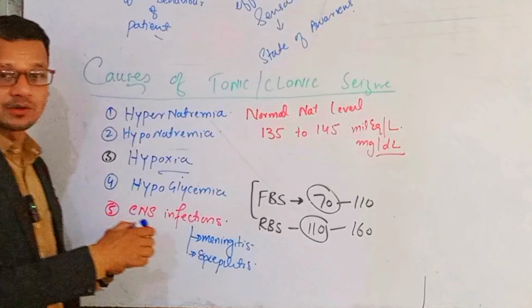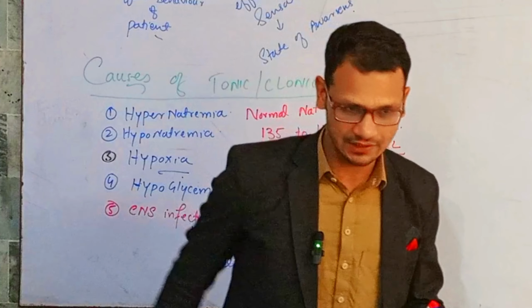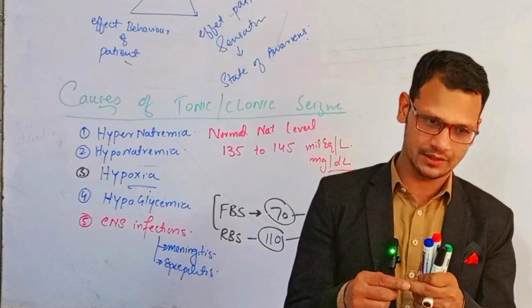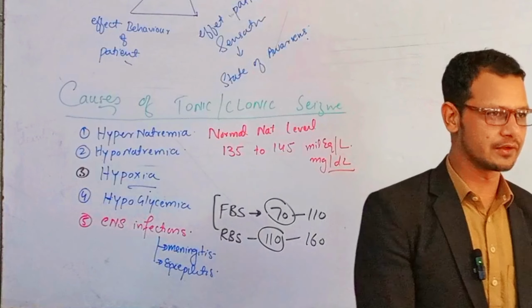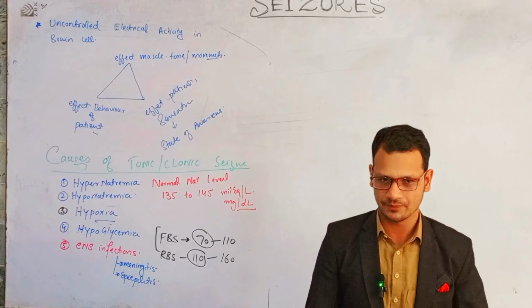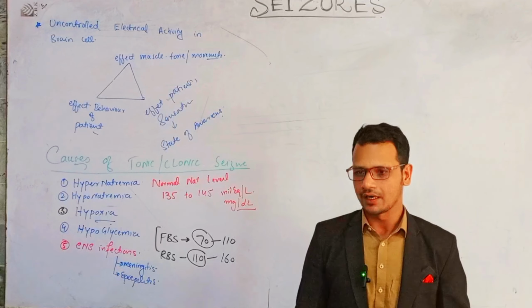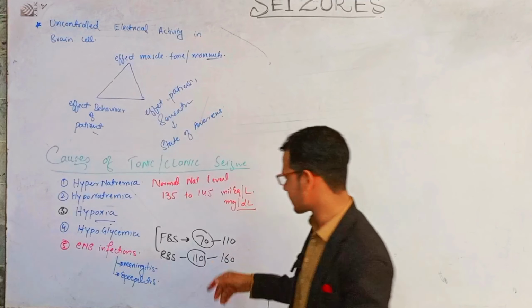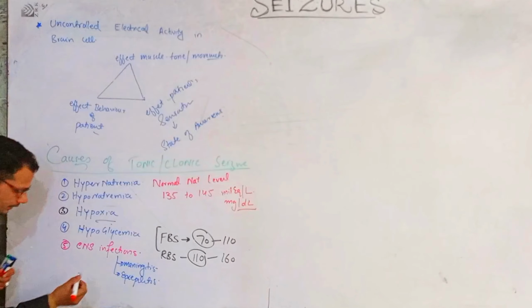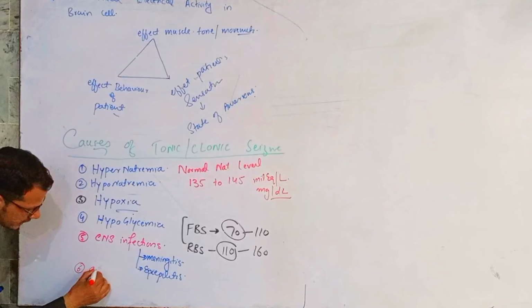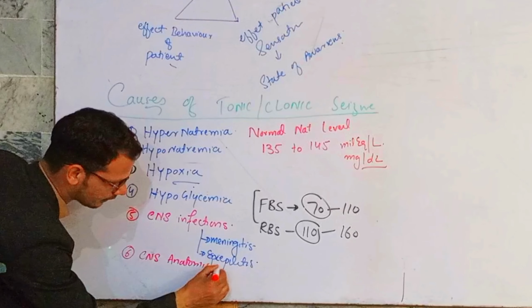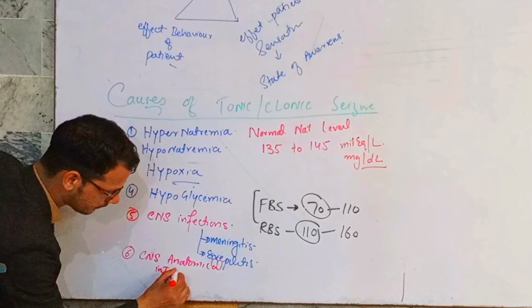The next is anatomical injuries to CNS. When we get some anatomical injuries in our brain, for example brain hemorrhages, or if we have some tumors in our brain, these will also cause number 6, CNS anatomical injuries.